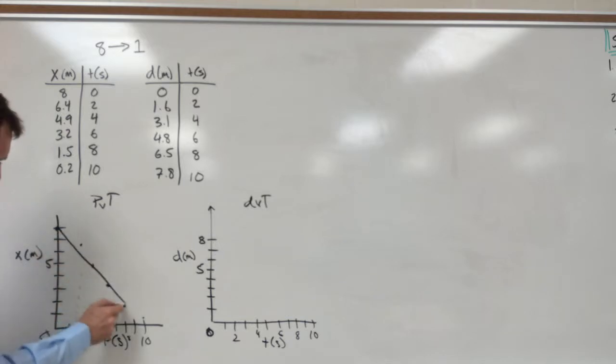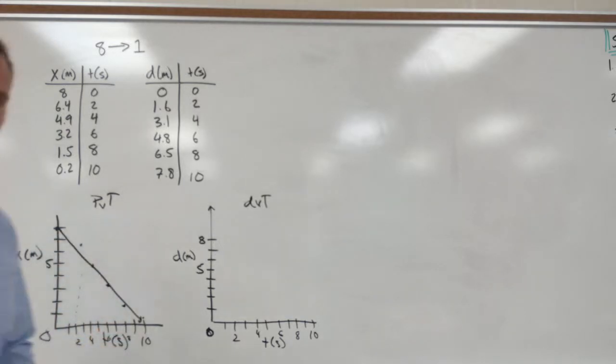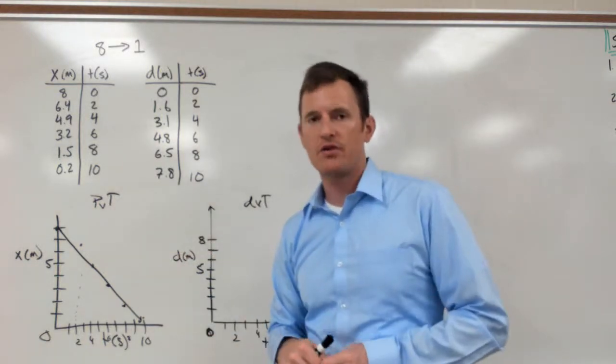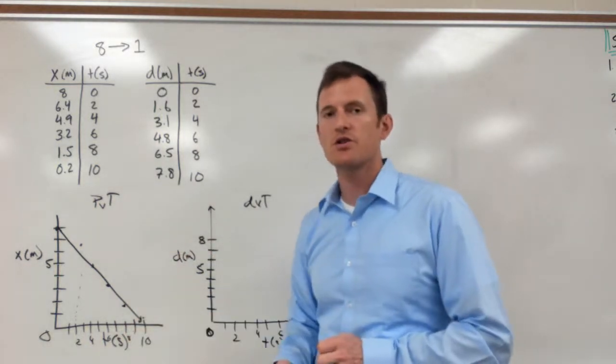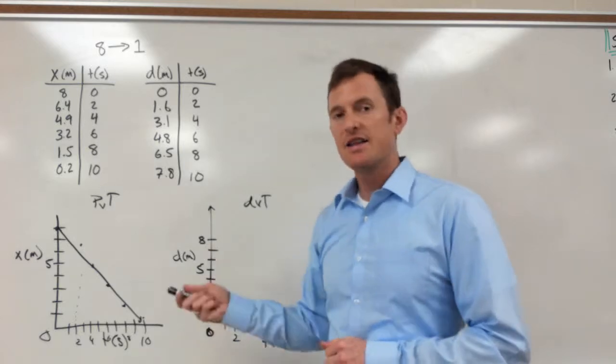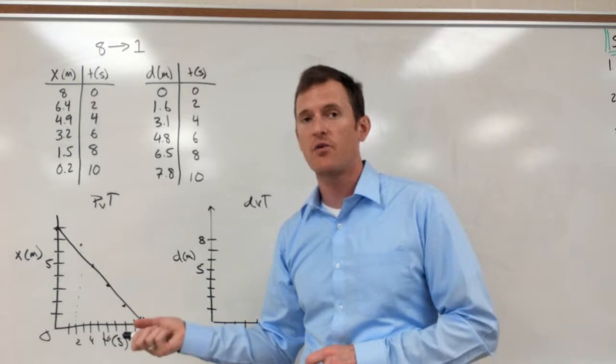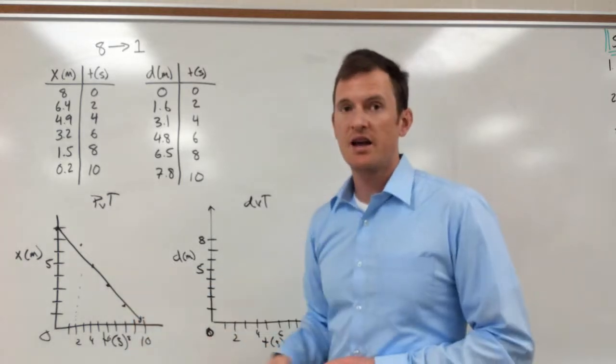We're going to do our best to draw a line that connects all of these. Now, these dots do not all lie perfectly on a line. What we just did is we drew what is called a best fit line. That is a line that does its best job to incorporate all of the different points. We are going to use this line in a little bit.